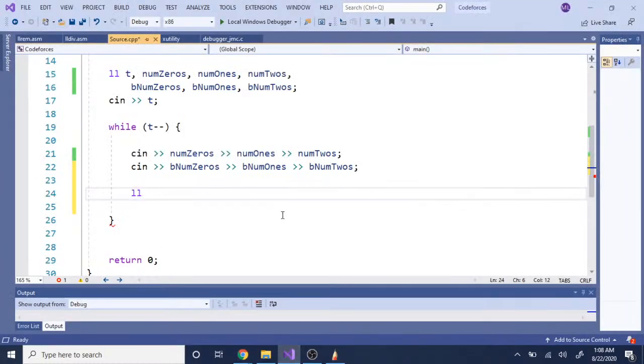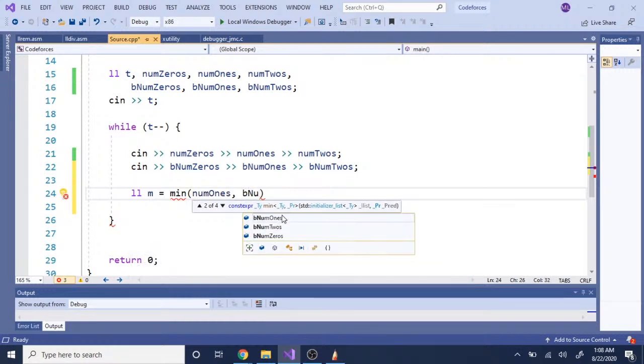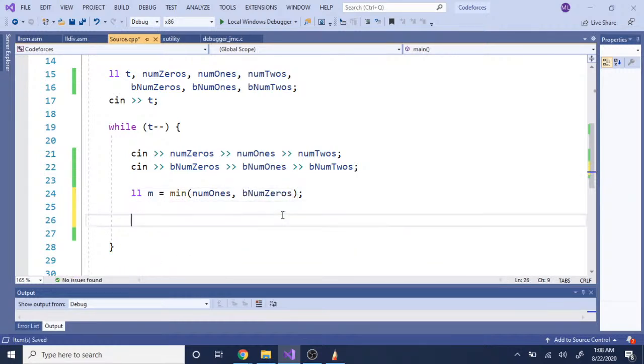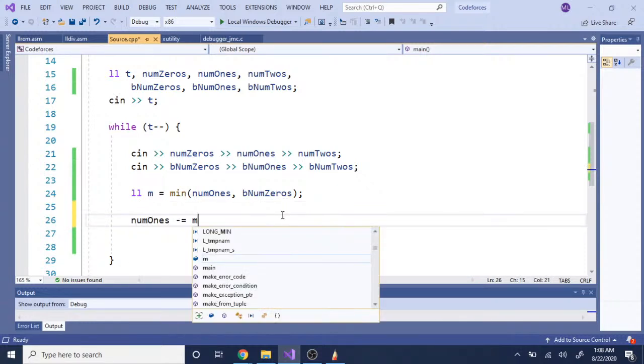Okay, so 1, 0: let's set it equal to the minimum of num ones and num zeros, and then we subtract this minimum value from the number of ones.